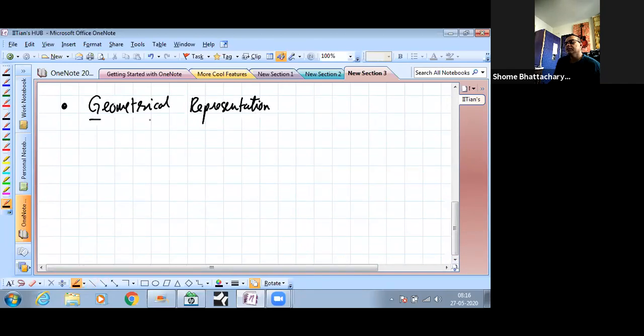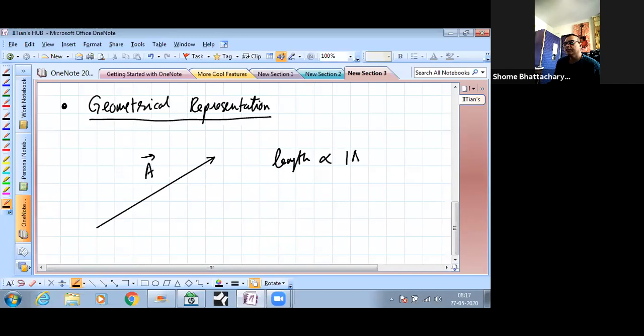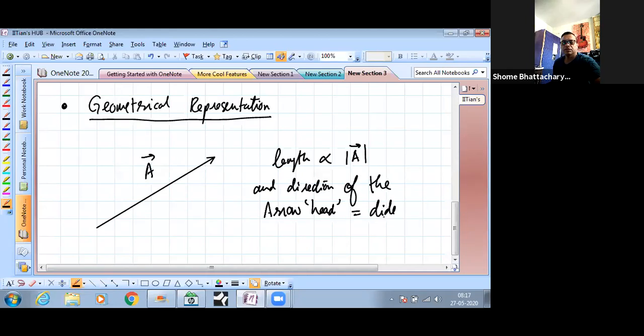And in that we had seen that we can represent a vector geometrically by an arrow, where if the arrow represents a certain vector A, let's say, the length of the arrow is directly proportional to the magnitude of the vector, and the direction of the arrow head becomes the direction in which the vector acts.